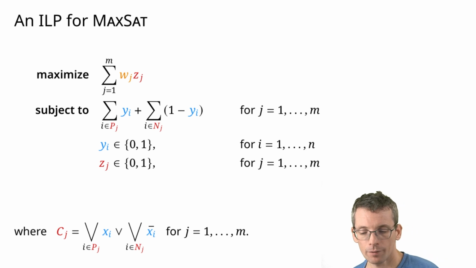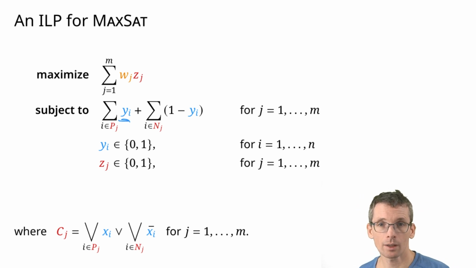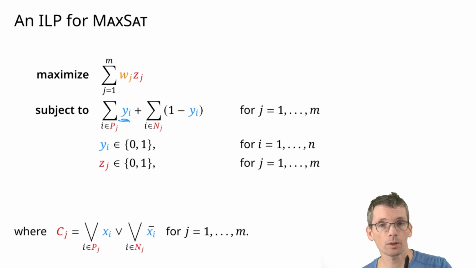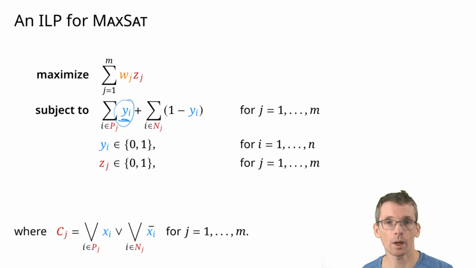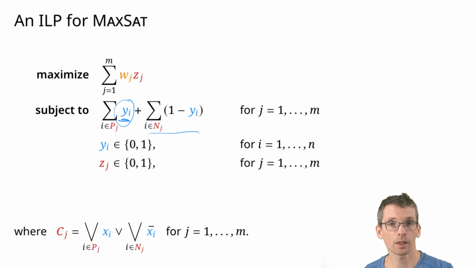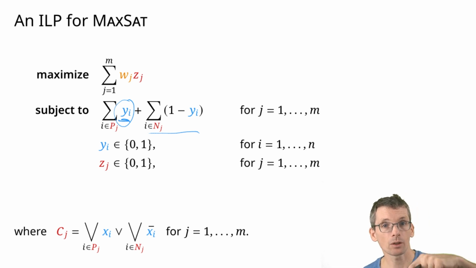Now, if at least one of the variables that occurs positively is set to true, so if I have at least a 1 here, then I'm allowed to set zj to 1. But also if at least one of the negative ones is set to false, then it also satisfies the clause.